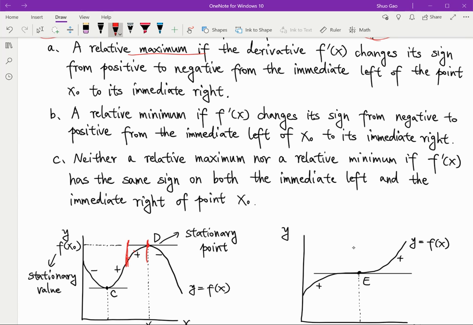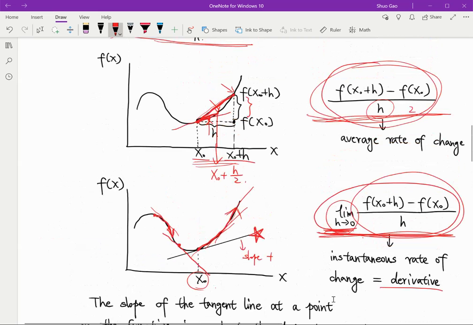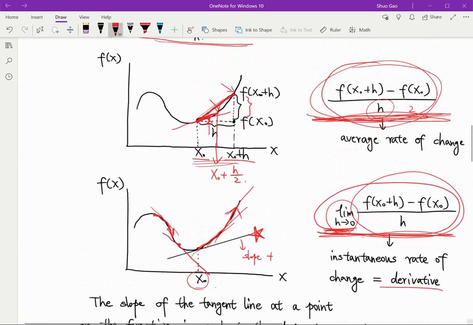And if we take the limit, we can get the derivative. But the signs of the two should be the same, right? Because here h is a larger positive number, and here h is very close to 0 but still a positive number. So even though this is the average rate and this is the instantaneous rate, the signs should be the same, right?